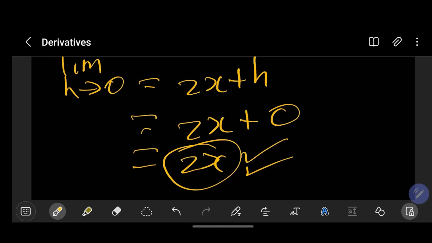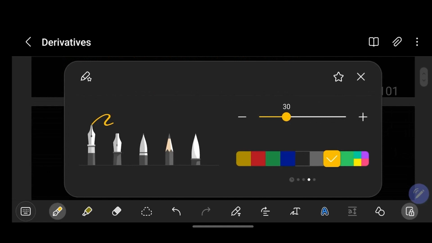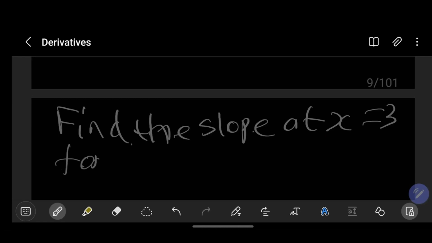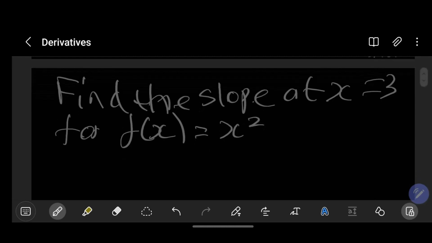So let's look at a question that says: find the slope at x equals 3 for f of x equal to x squared. As we know, we need to find the derivative of f of x, because the derivative of f of x is the slope.